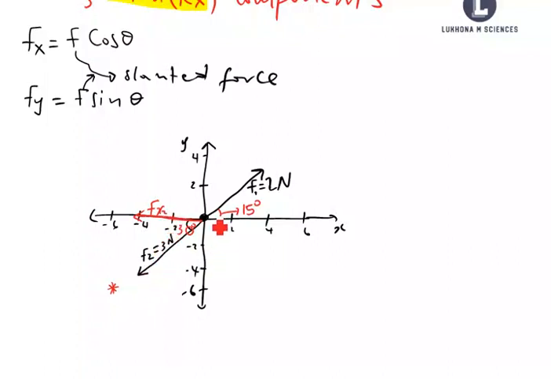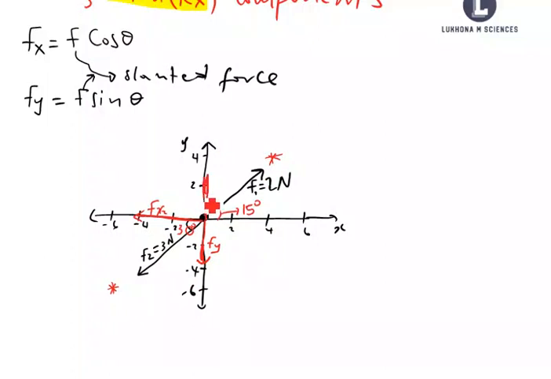Okay, then we are going to have another force, which is Fy. For this one, which is in the first quadrant, between positive y and positive x, we're going to have a force in this direction.